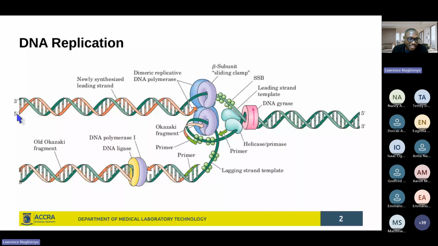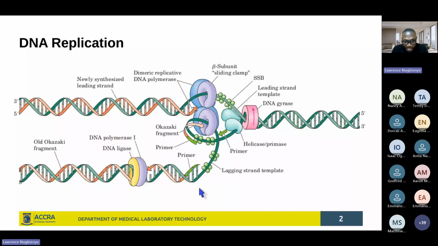So you see that the orange strand, which is the new strand, which is being synthesized, you see it's being synthesized from the 5' end, which means the old strand on which it is being synthesized starts from its 3' end. And so you see that strand, the orange strand, which is the new one, getting synthesized on that leading strand continuously.